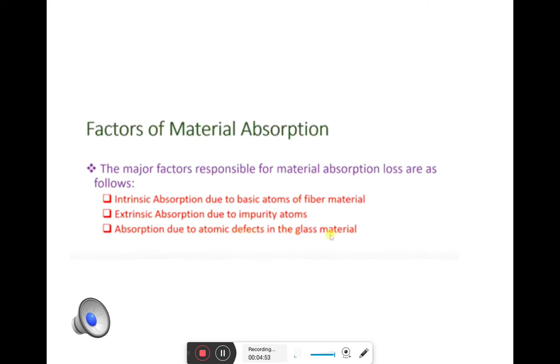That is, we dope certain impurities into our semiconductor devices, and due to those impurities, certain absorptions happen. Those are called extrinsic absorptions. And the last one is due to the atomic defects in the glass material. So these are the three main factors responsible for material absorption: intrinsic absorption, extrinsic absorption, and absorption due to the atomic defects.